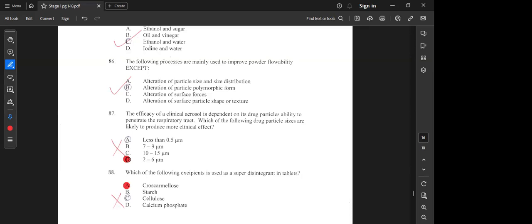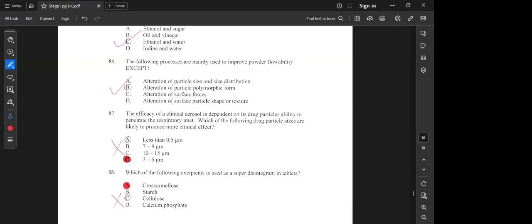I think when we are looking at powder flowability, a huge thing we need to consider is that flowability in itself is a physical process. So we tend to focus more on the physical characteristics.